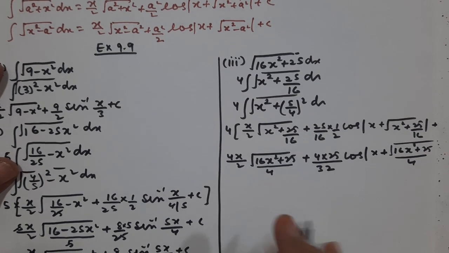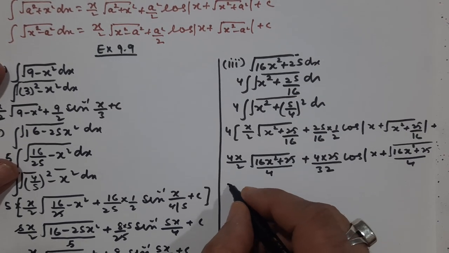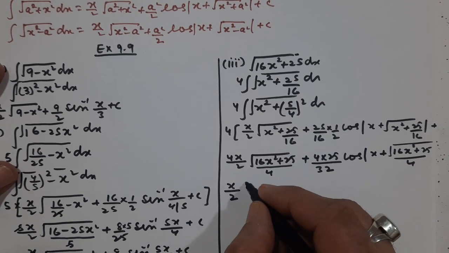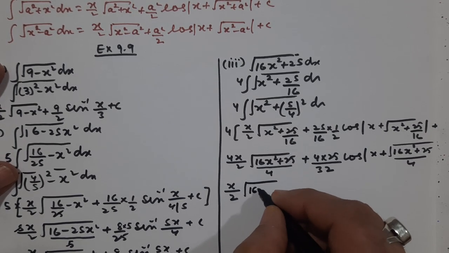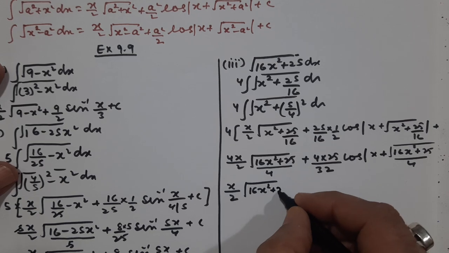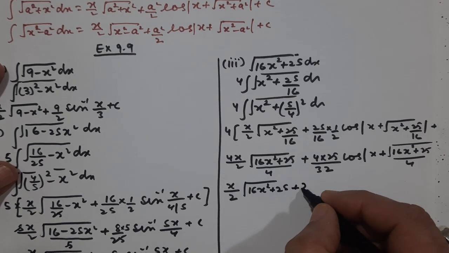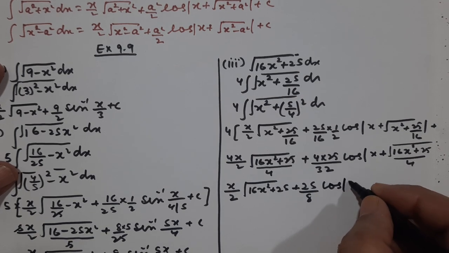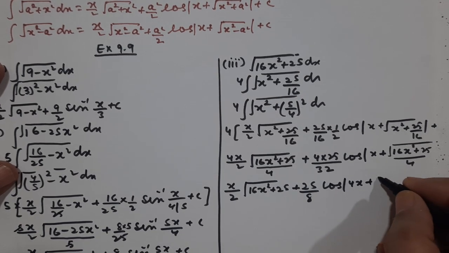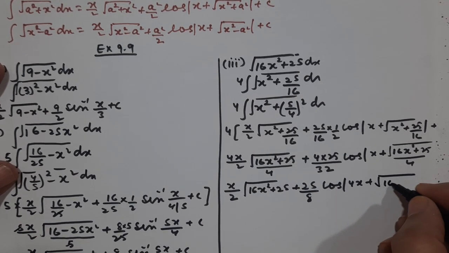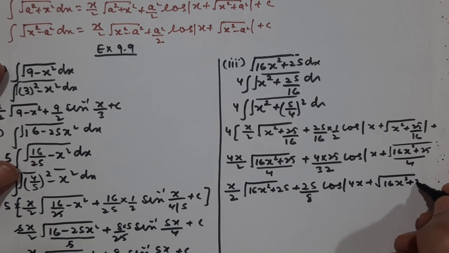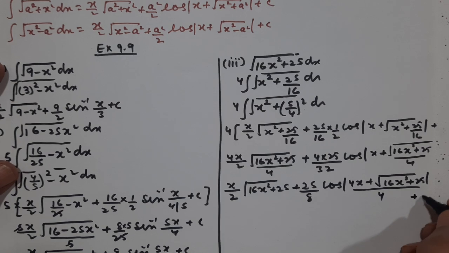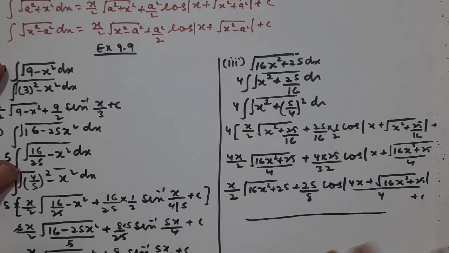So here we get x upon 2 under root 16x square plus 25 plus 25 by 8 log 4x plus under root 16x square plus 25 upon 4 plus c. So students, this is the required solution.